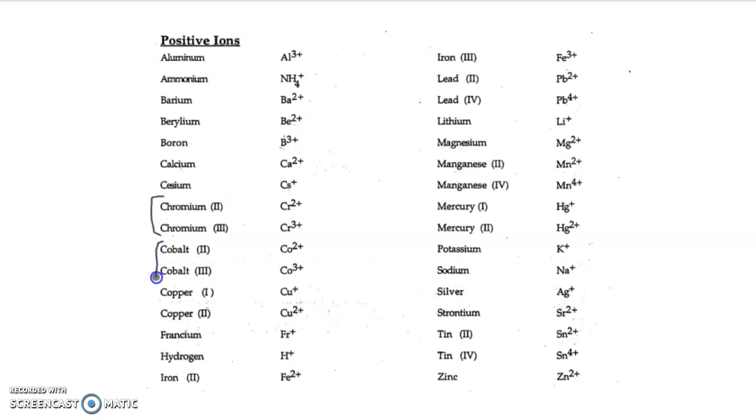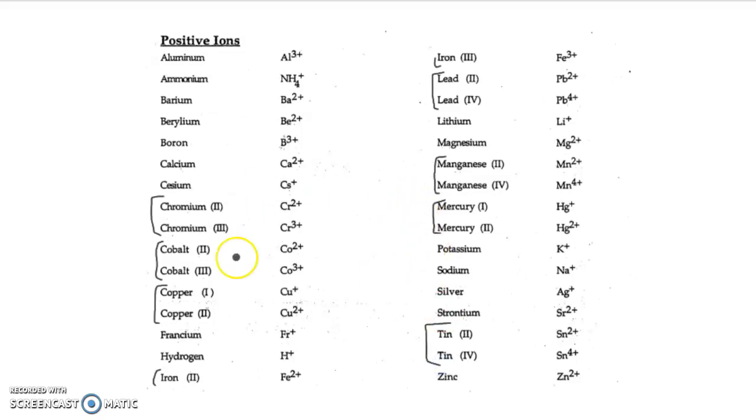Cobalt can be positive 2 or positive 3. Copper can be positive 1 or positive 2. Iron, right up here, can be positive 2 or positive 3. Lead can be positive 2 or positive 4. Then you have manganese and mercury, which show the different charges, and you also have tin.